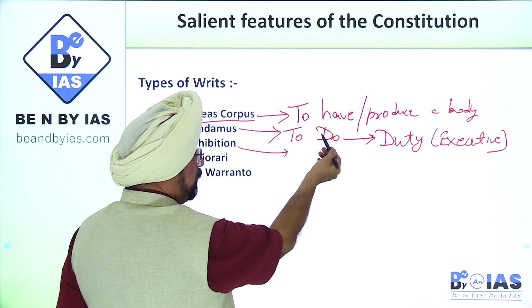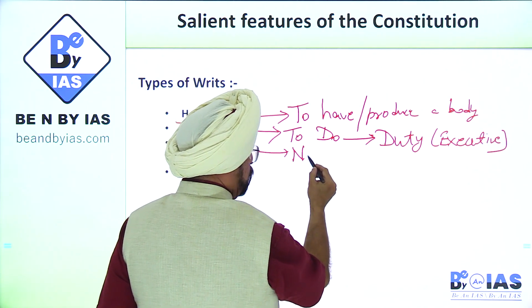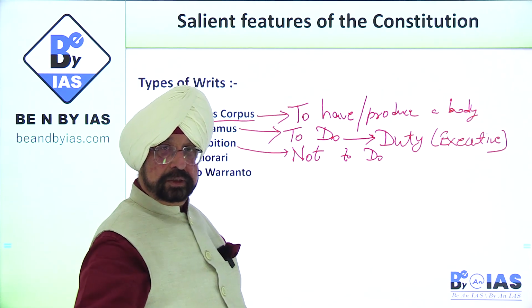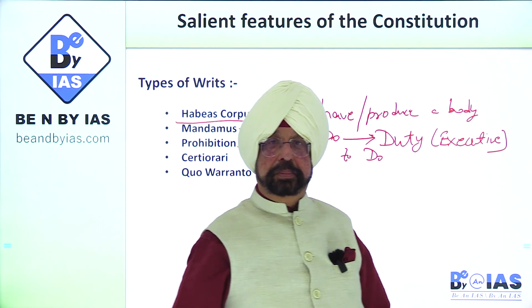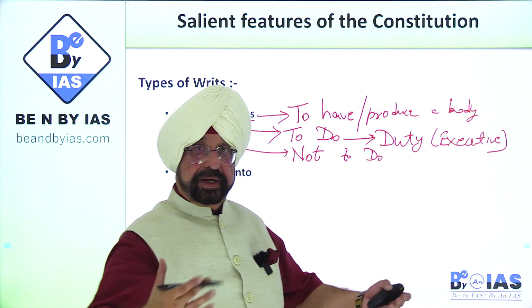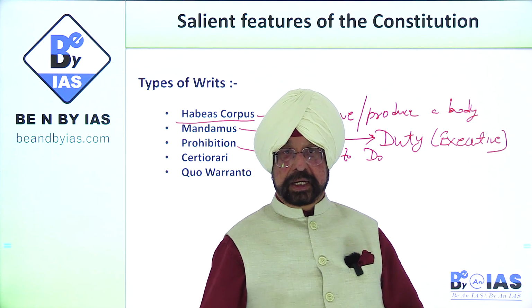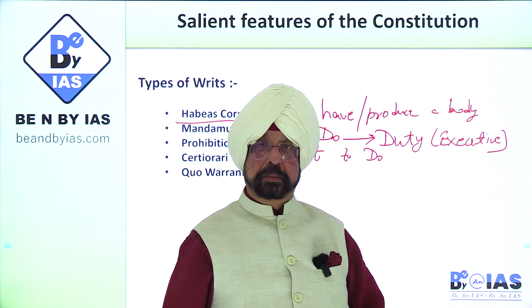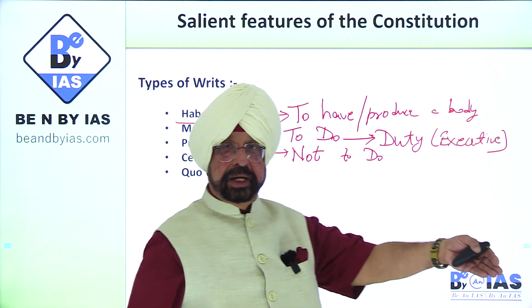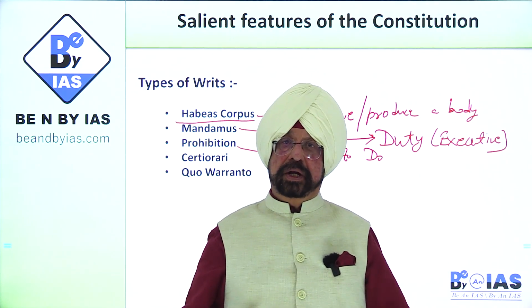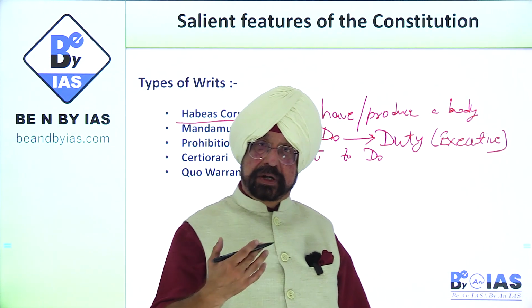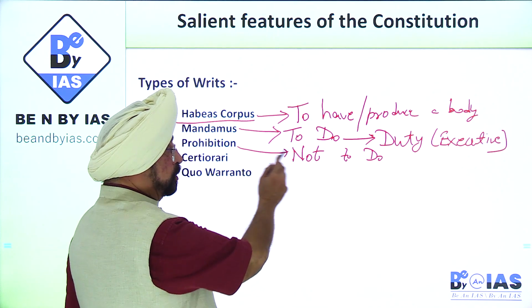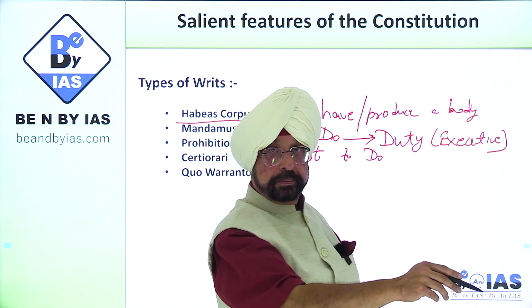Prohibition is just the opposite of this: not to do. If they are doing some act which is beyond their powers, ultra vires of their powers, they are not authorized to do something, the law does not permit it, and by doing that they are infringing or violating the fundamental rights of a citizen, in that case the court will have to stop them: don't do it.